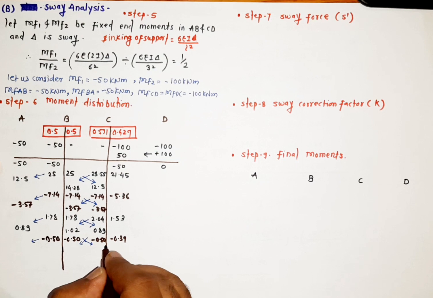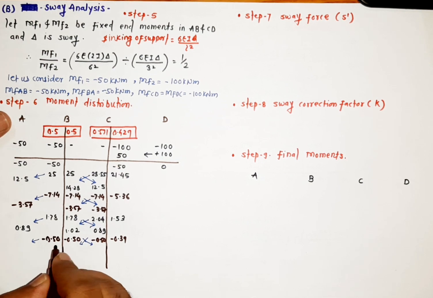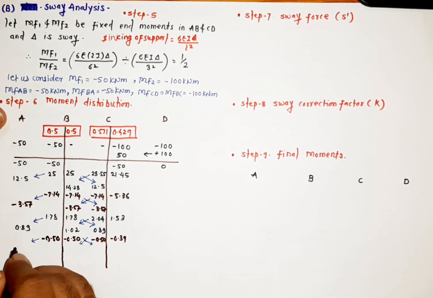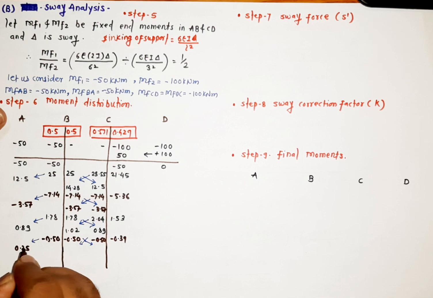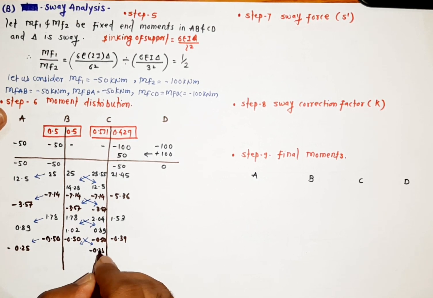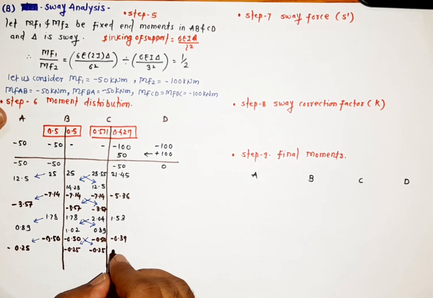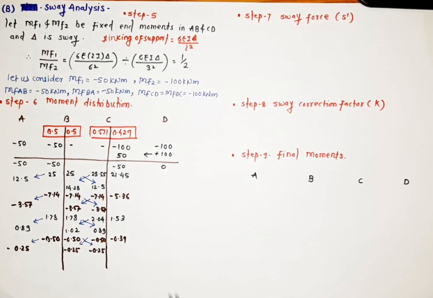Let us do another iteration and then we will close this problem. Half, 0.50, that is 0.25, minus 0.25, and no need to transfer from this.